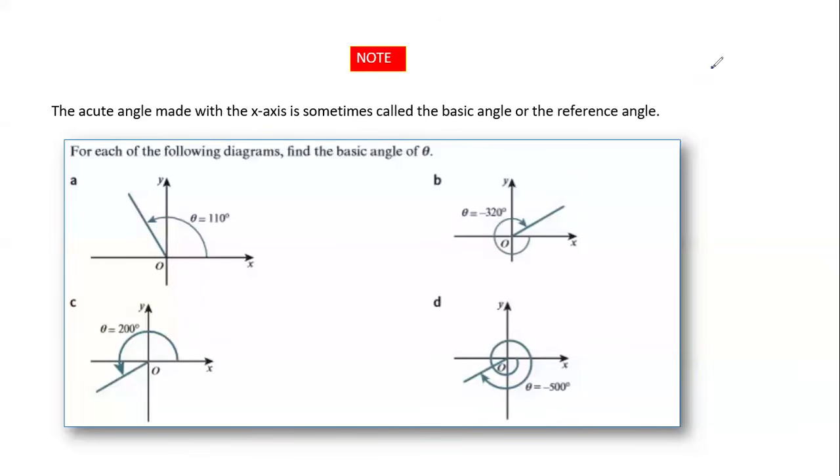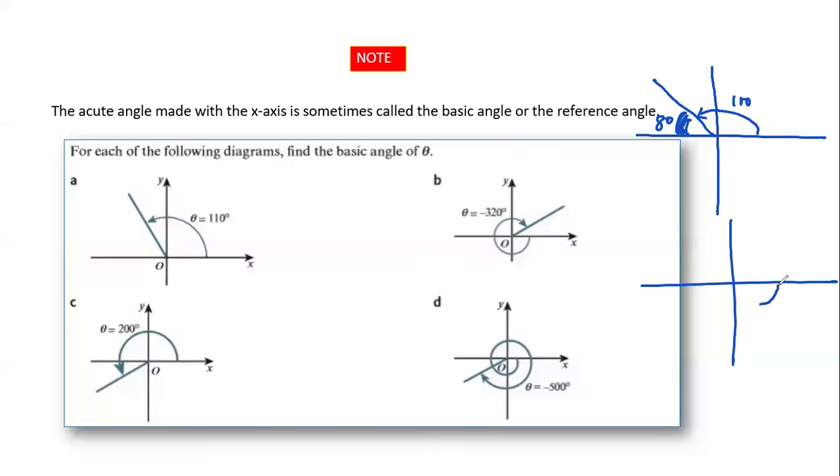Take an example. In the previous diagram we had, the one with 100, this angle that is very close to the x-axis, we call it the basic angle. So it was 80. For the second one, this angle that is close to the x-axis is called the basic angle.